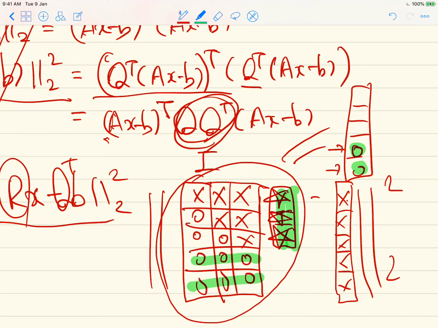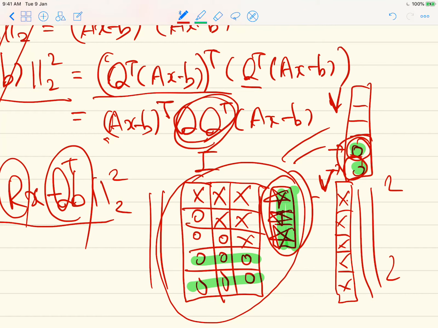Okay, and then if we take the difference between this vector and this vector, which is our Q transpose b, and we want to minimize the difference between these 2 vectors, then the last 2 dimensions will remain as 0 regardless of any particular variable values, right? So we can do nothing to minimize the difference between this 0 vector and the given vector over here.